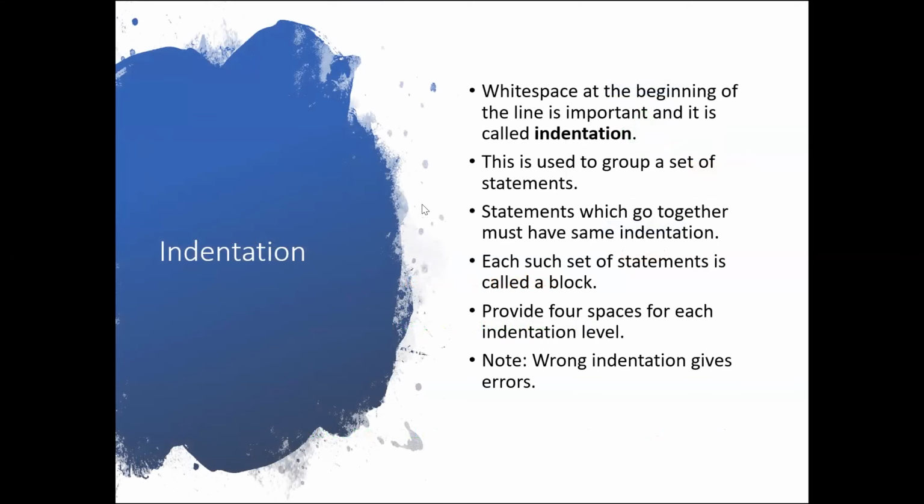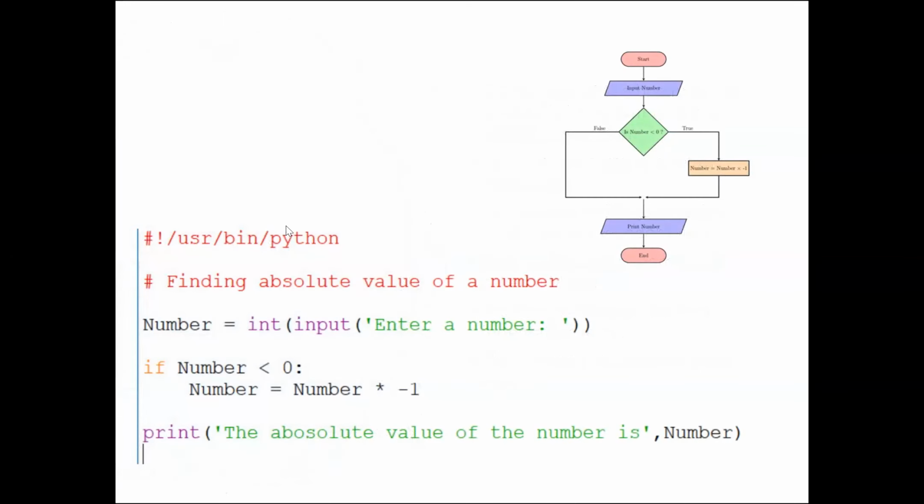The spaces we put we call indentation, and in Python, if you go back, you will see there's no end if, or there are no blocks, curly brackets like in C. Nothing is there. The only way to block the statements in Python is the use of this indentation.